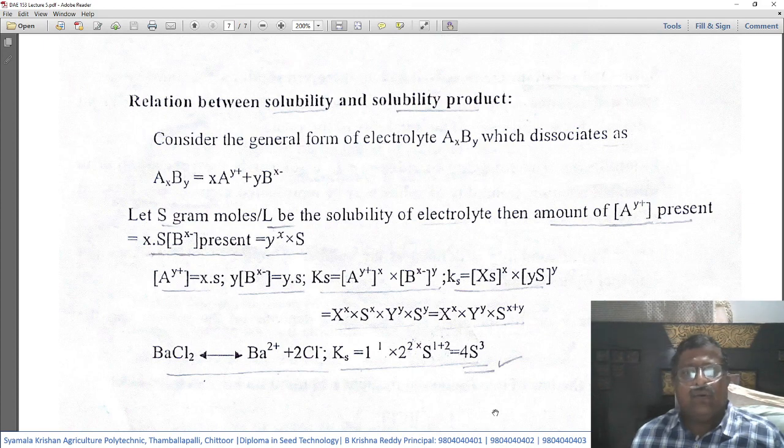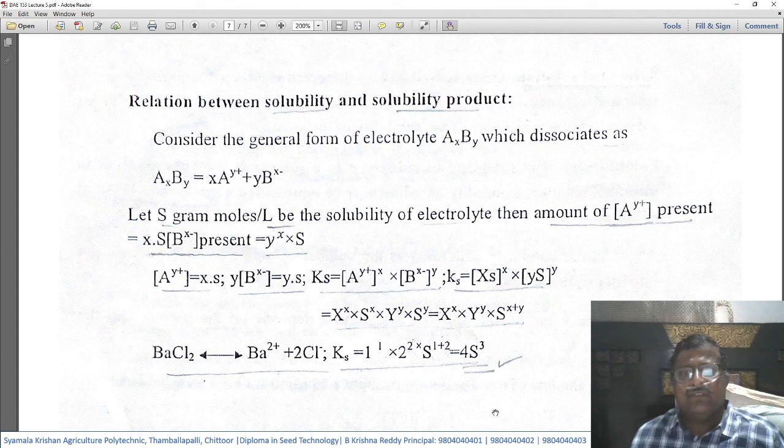Then Ksp is equal to [A^(y+)]^x into [B^(x-)]^y.